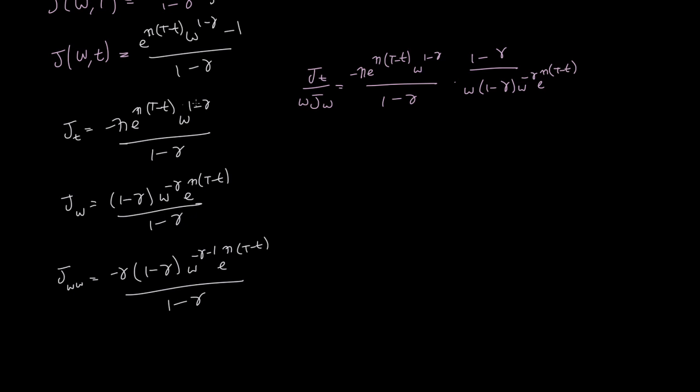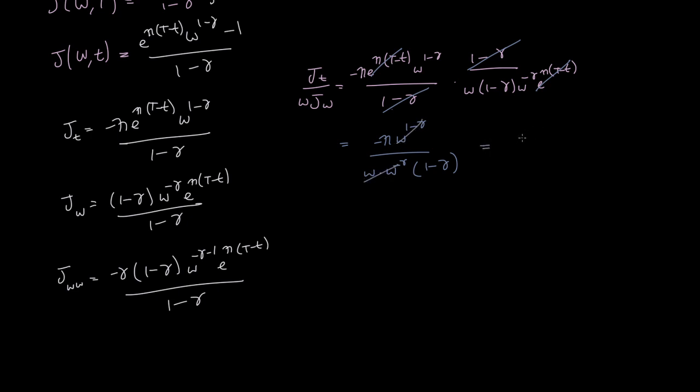Right away we see that the discount factors cancel, and the 1 minus gamma cancels here and here. We're left with minus eta W^(1-gamma) over W times W^(-gamma), and this is just equal to W^(1-gamma), so those cancel.